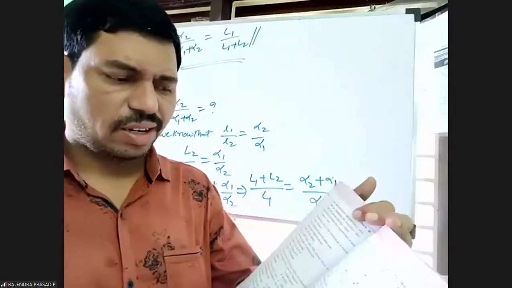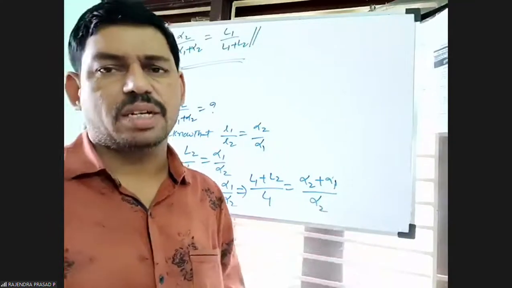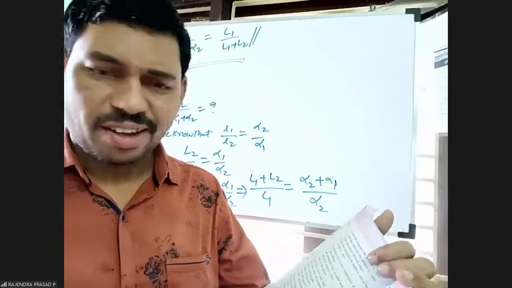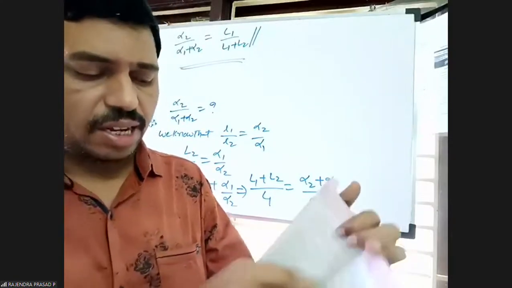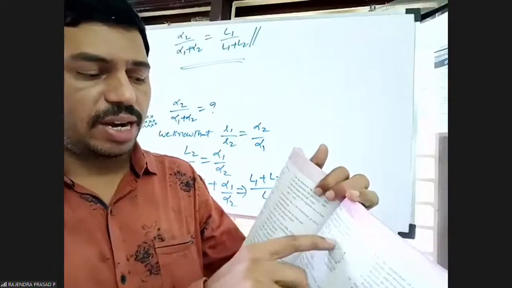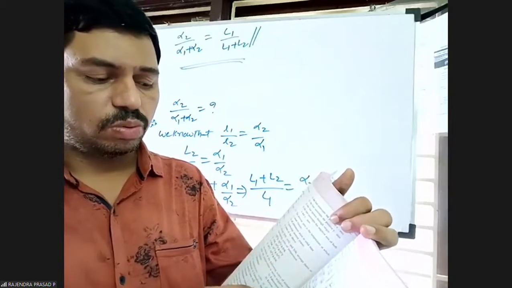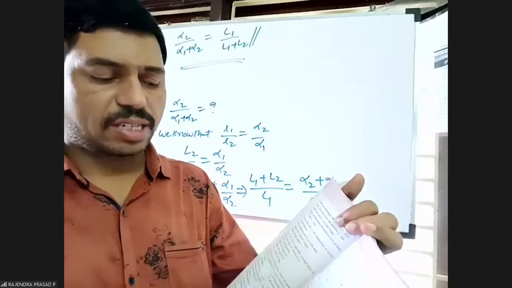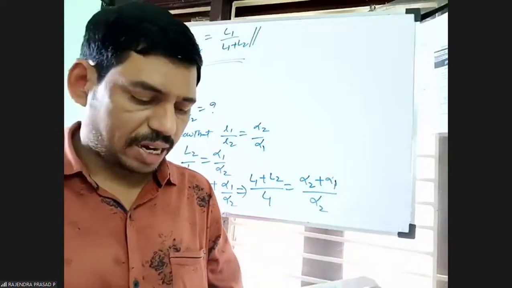Which doubt? This is the direct formula. For a temperature scale, the reading minus lower fixed point by upper fixed point minus lower fixed point. The x-axis is A, the y-axis is B. So TA minus 32 by 180, and TB minus lower fixed point 0 by 100.